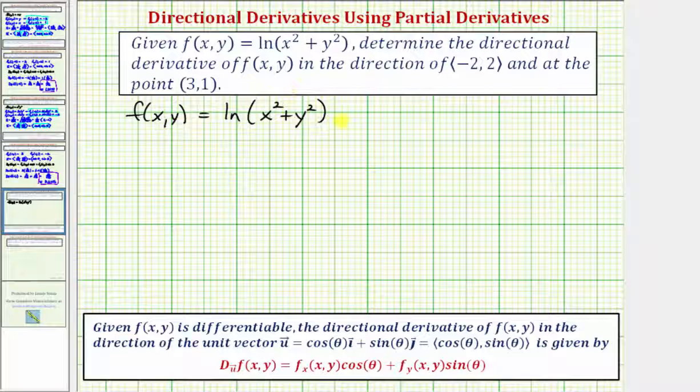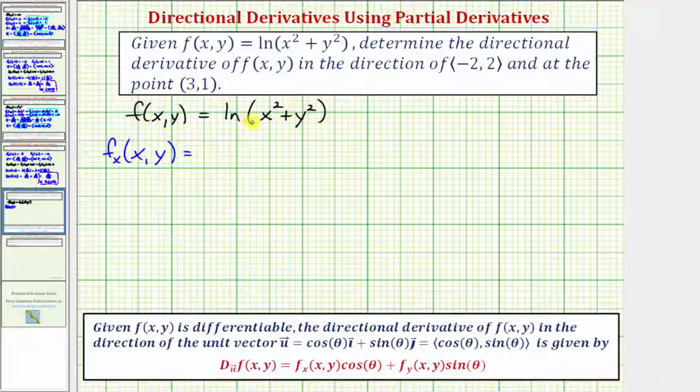So starting with the given function, we'll first find the partial derivatives. Let's first find the partial derivative with respect to x. So we'll differentiate the given function with respect to x, treating y as a constant. Remember, the derivative of natural log u with respect to x would be equal to 1 over u times u prime, or 1 over u times du dx.